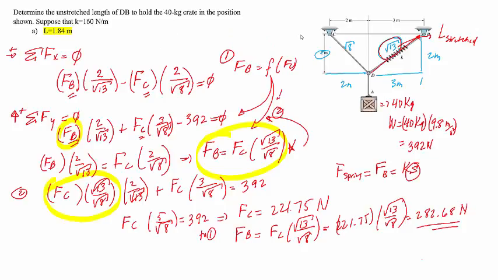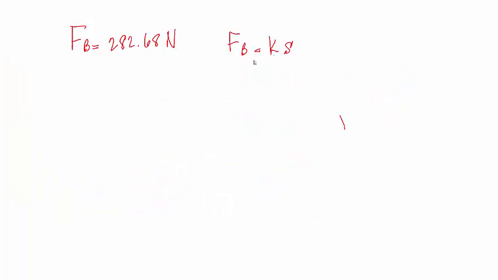So remember that then my FB is 282.68 newtons. Okay, and FB, which is with the spring, equals K times S, which is the stretch, and K is given here, which is 160. So that means that 282.68 newtons equals 160 newtons per meter times the stretch.